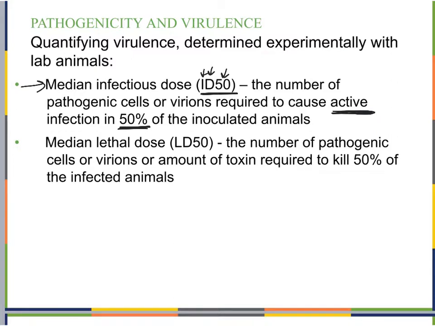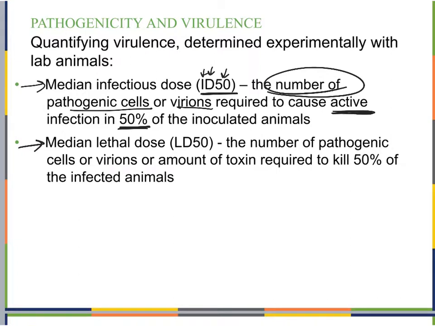So we come up with a number of pathogenic cells, or virions if we're talking about a virus, required to cause an active infection in 50% of the inoculated animals. In a laboratory, it might be mice, might be monkeys, and then we can also apply this number to humans.